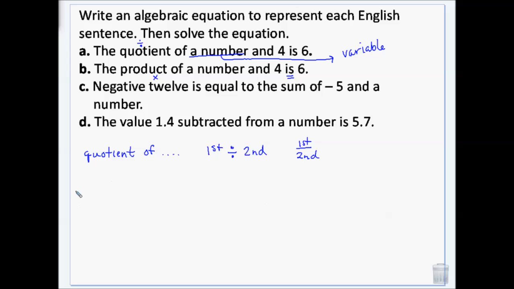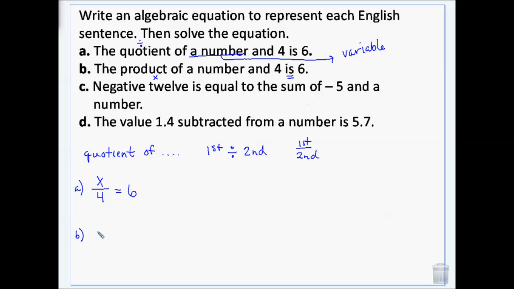So this one, A, quotient of a number and 4, I'll just use x for a number over 4 equals 6. So quotient of a number and 4 is 6. The product of, well, product is multiplication, so the product of a number and 4 is 6.